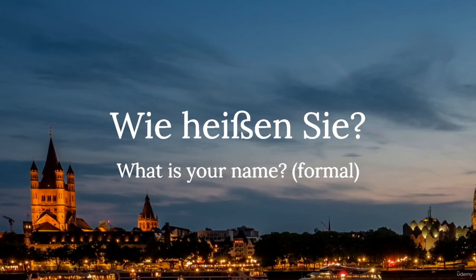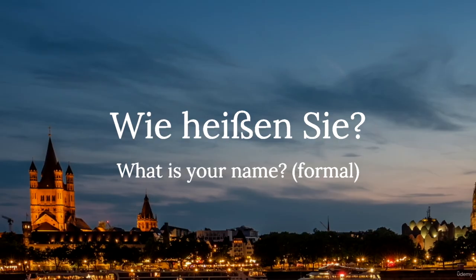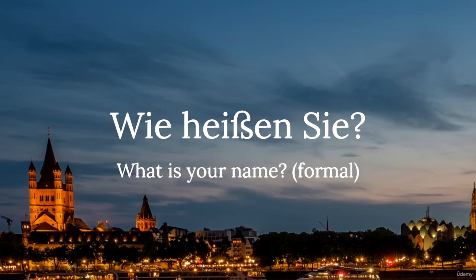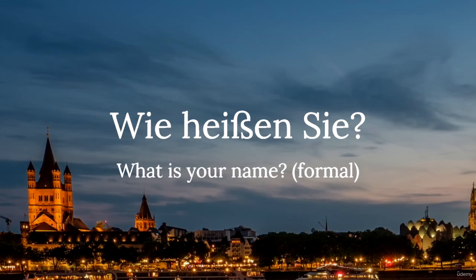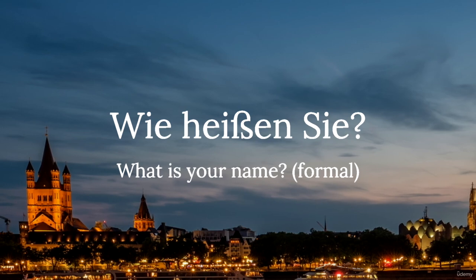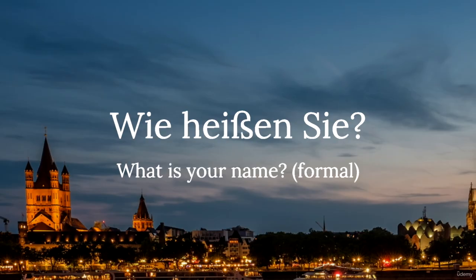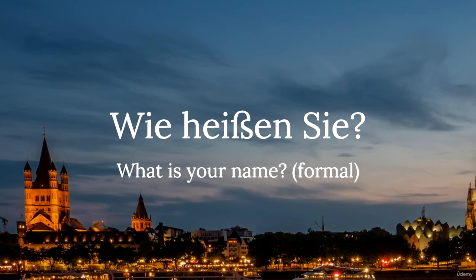In the German language, it is extremely important to know when to speak in a formal way and when to speak in a more casual way. If you want to be more formal, you can always use Sie, which means they. In this case, this sentence means what is their name, even though you are talking to a person who might be standing in front of you. Wie heißen Sie?